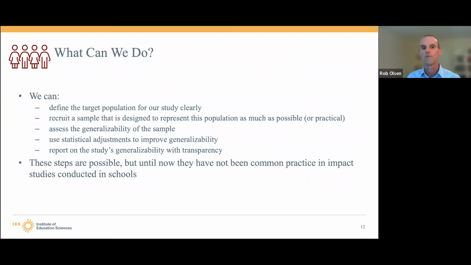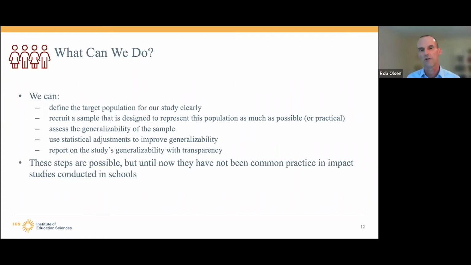So what can we do to produce more generalizable evidence when impacts may vary? The guide in this webinar covers a range of things that we as researchers can do. We can define the target population for our study more clearly. We can take steps to select and recruit a sample that represents the target population as much as is feasible and practical.